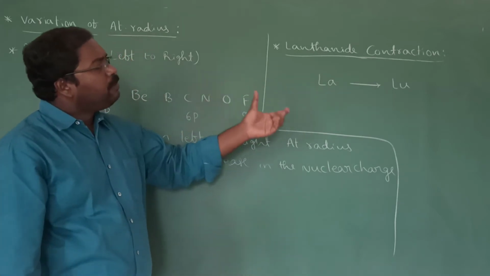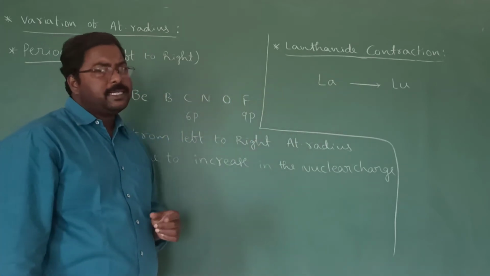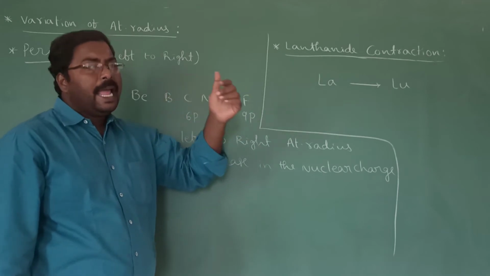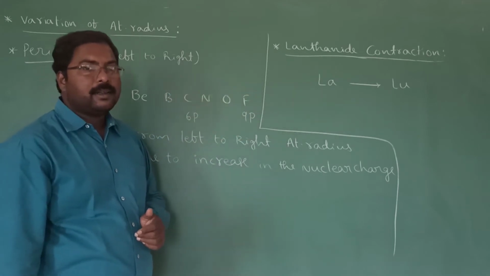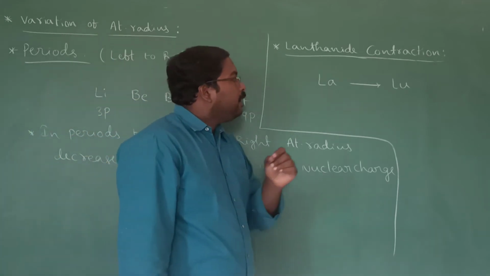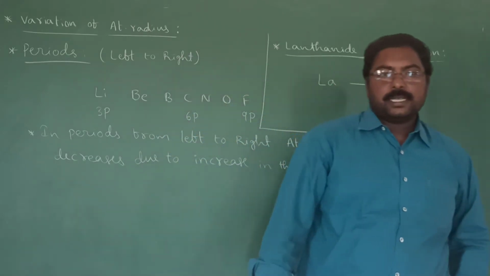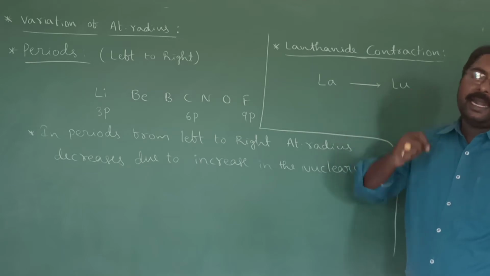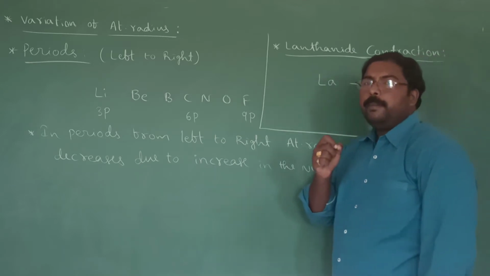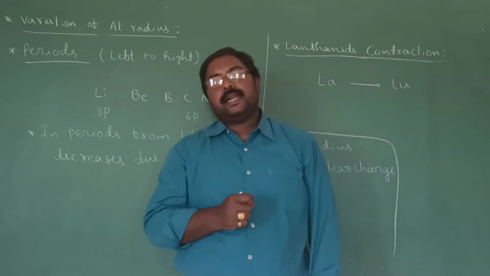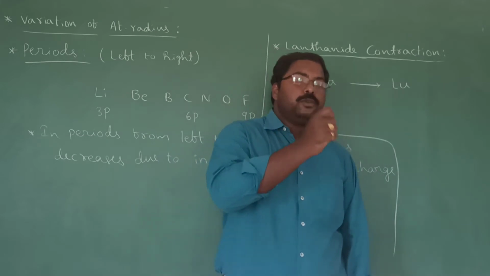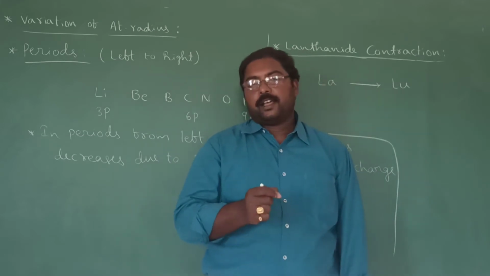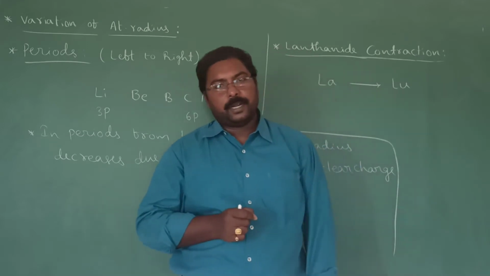The same thing we will observe in the case of actinides also, which is known as actinide contraction. Here, the main thing we need to discuss is why we observe this lanthanoid contraction. The main reason behind the lanthanoid contraction is the poor shielding effect of F orbitals.